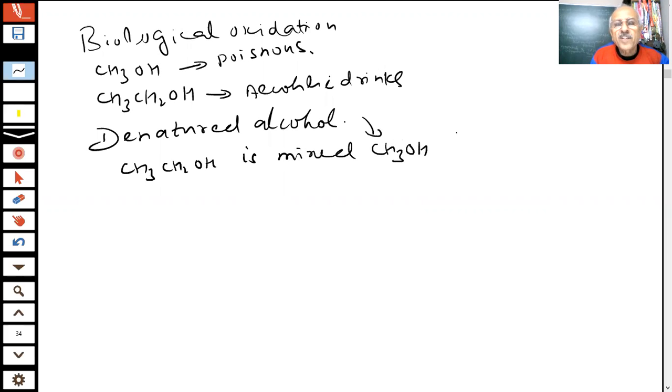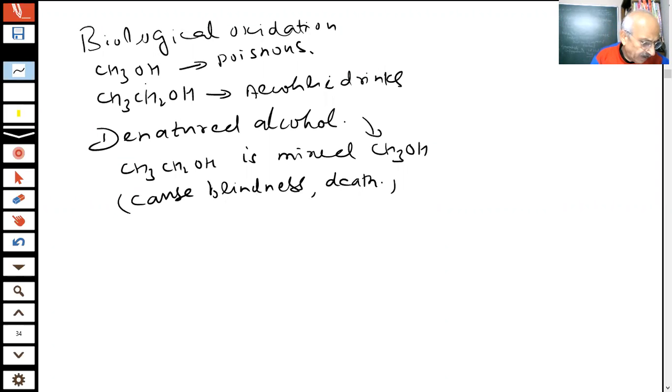We call it denatured alcohol because then it becomes poisonous, and if we consume that, it can cause blindness and even, in severe cases, death. So those bad alcohols contain methanol.